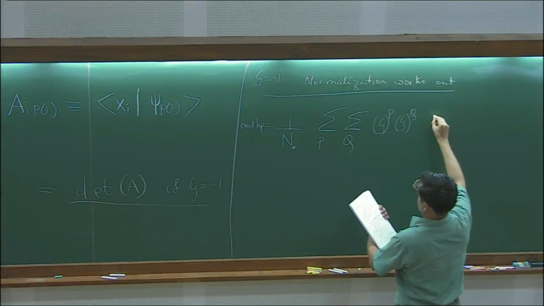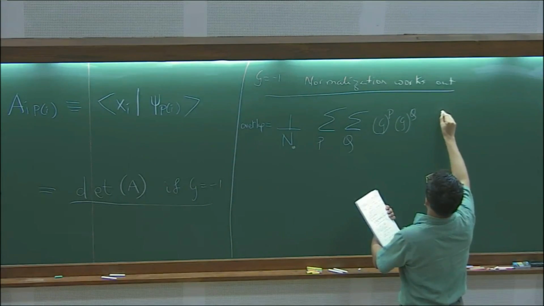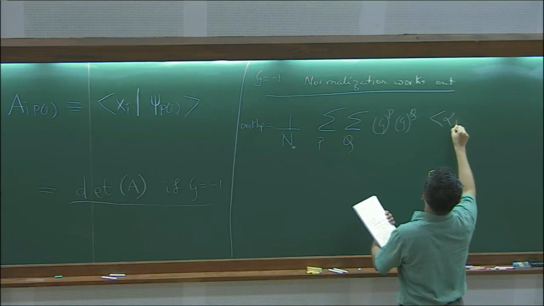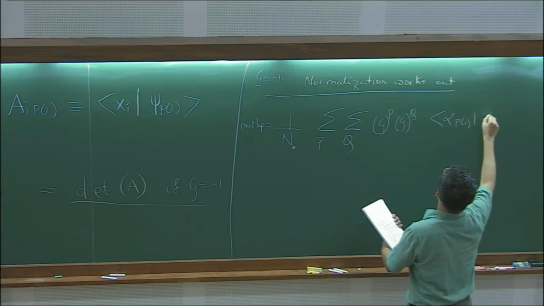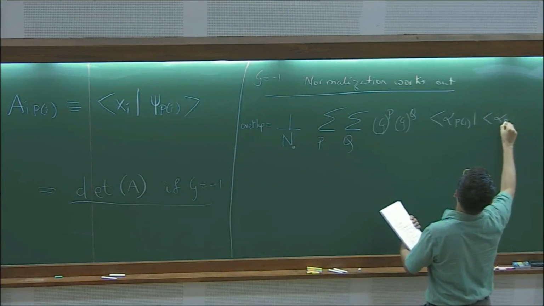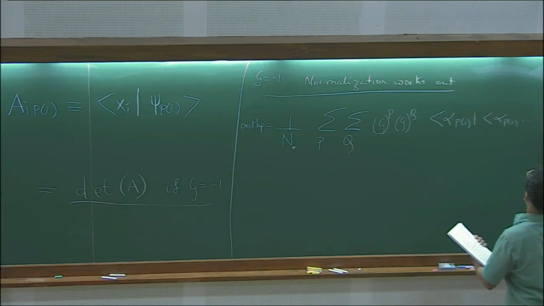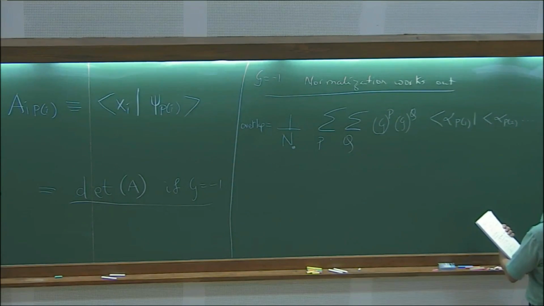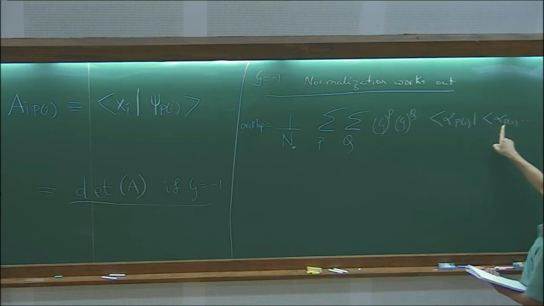So in general, I have overlapping with alpha q1, alpha q2. And this is some orthonormal basis I've used of single particle states alpha.